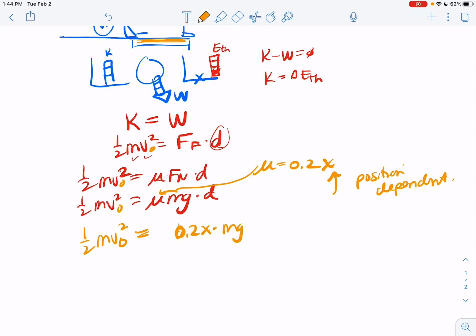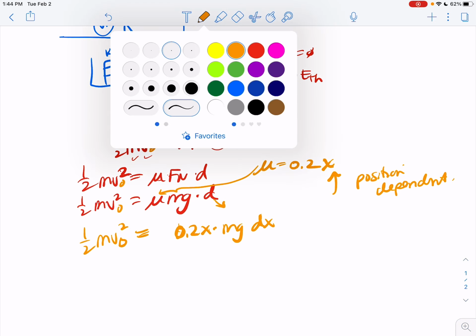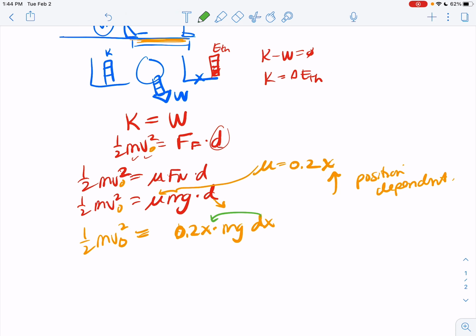And instead of d, this is where I have to put dx, because I need to relate this to this. Every little tiny amount of x that I go, this is going to change, and so you're taking the integral of that. Instead of work is force times distance, work is the integral of force times distance.